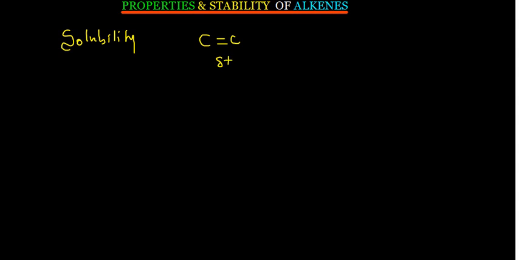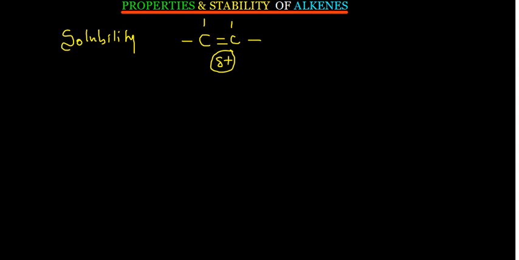We know that each carbon atom is supposed to have 4 bonds to be saturated. But here it's only bonded to 3 different things. So it appears as though it lacks electrons. Because of that, it gains a partial positive charge. And that is what makes it slightly soluble in water.